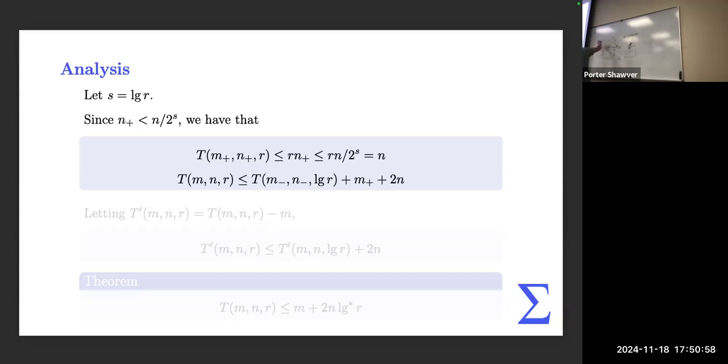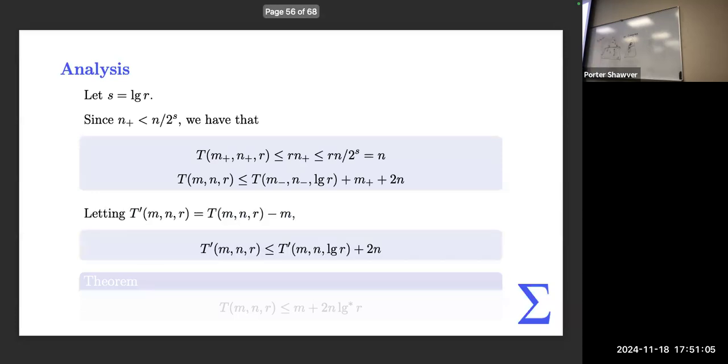And remembering that n plus plus n minus equals n, we can subtract n from both sides to analyze the time complexity of T prime, to get this recurrence. And then we need to solve this recurrence.